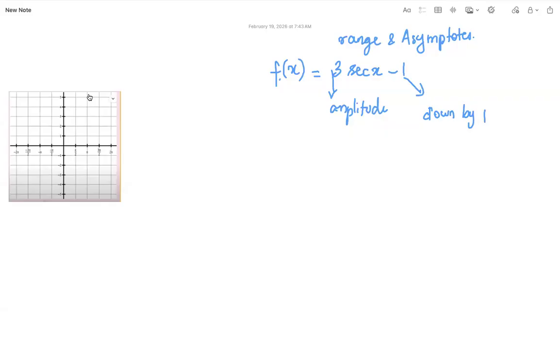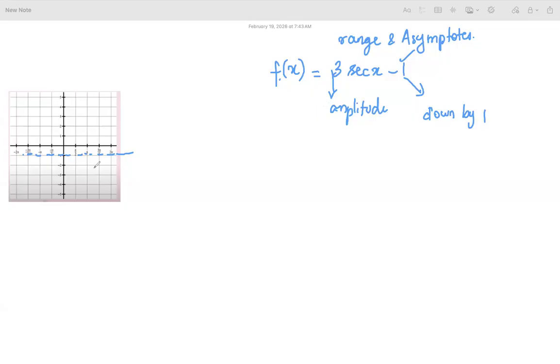Okay, so if I want to do a transformed secant graph, the first thing I would do is let me draw the midline. Midline is going to be pushed down, so midline is going to be here. Okay, so I've catered to this. But then the amplitude is 3, and I am going to mirror a secant graph.